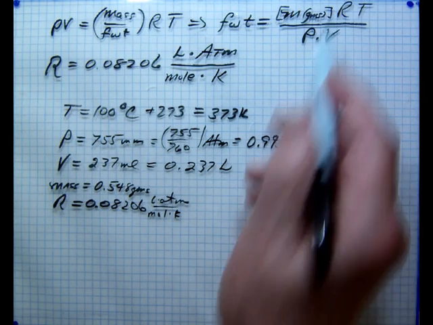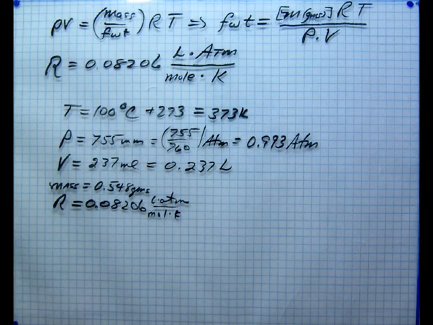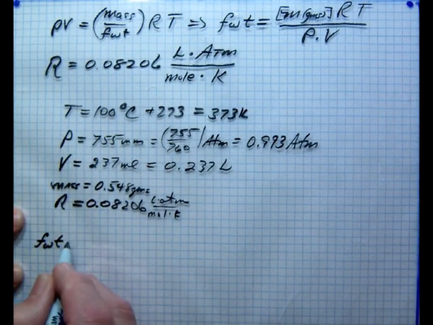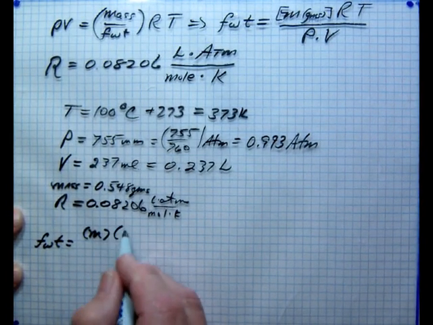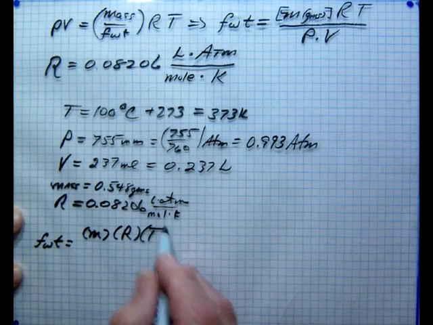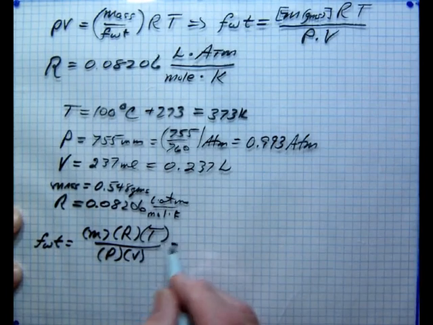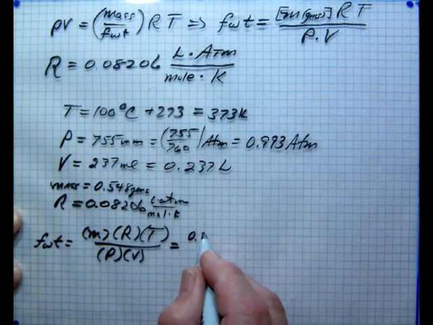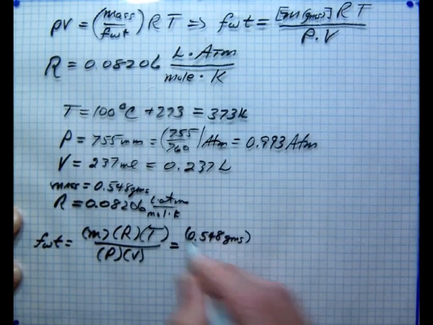Okay, now it's just a matter of substituting your data given into the formula weight expression. I'm just going to use mRT over P times V. Mass is 0.548 grams.